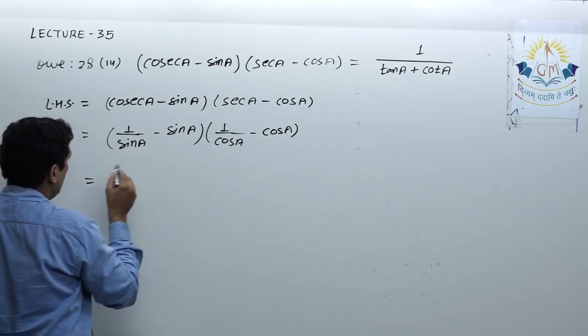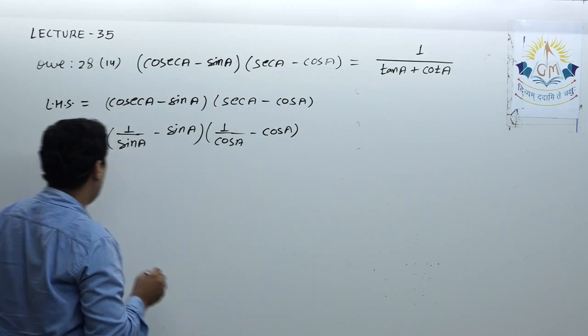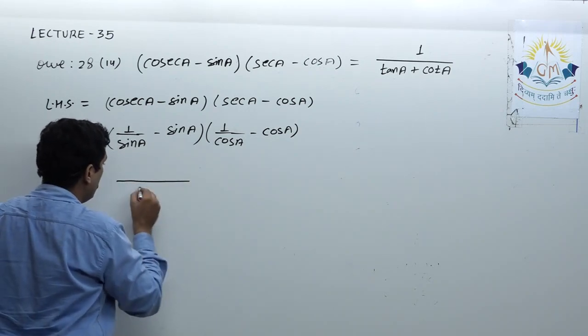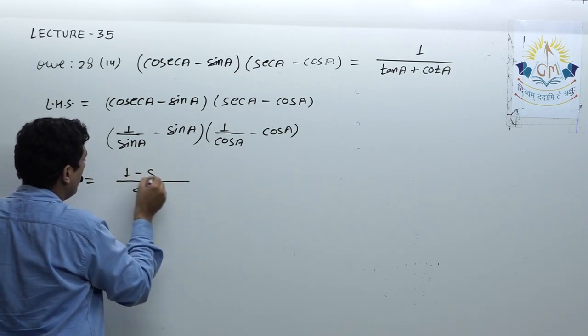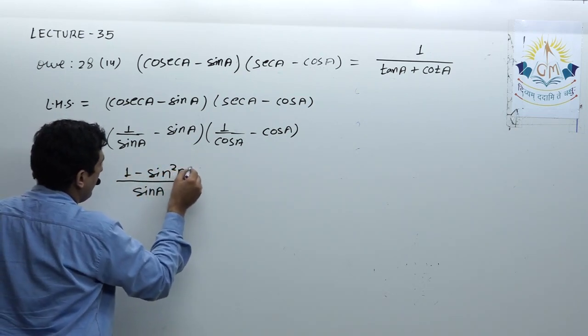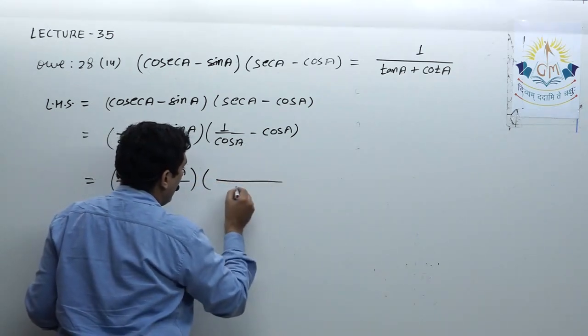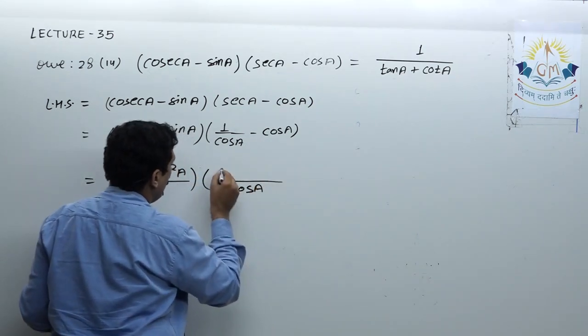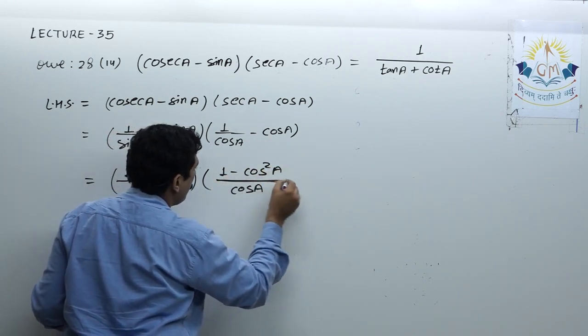Next I can take the LCM. So if I take LCM, here I get sine A, and over here I will get 1 minus sine square A. Over here if I take LCM, that is cos A, and over here 1 minus cos square A.